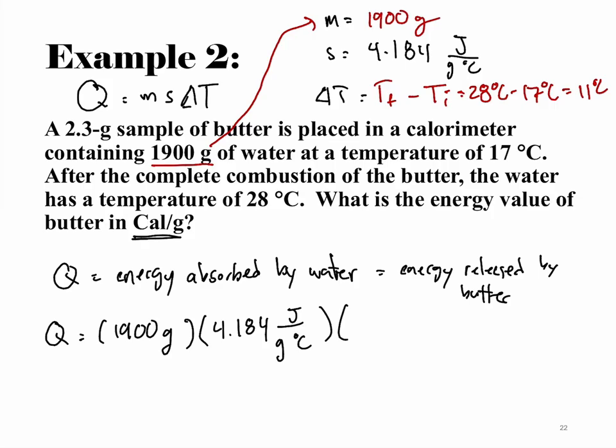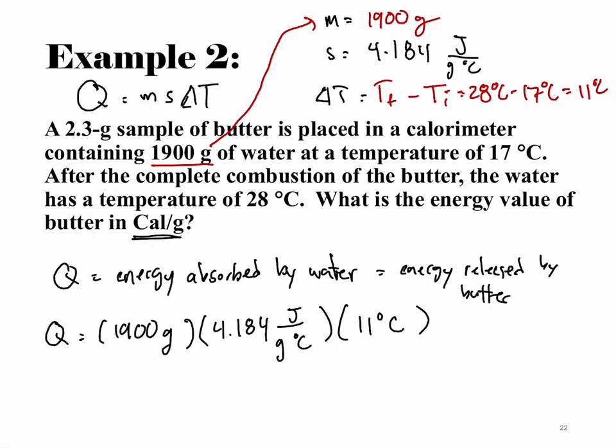And then our change in temperature is going to be 11 degrees Celsius. These are all the relevant quantities given to us in the problem, so that allows us to solve for energy. The important step here is realizing that we need to use the mass of the water, not the mass of the butter, because the mass of the water is actually what's changing temperature, and the temperature we're measuring is of the water.